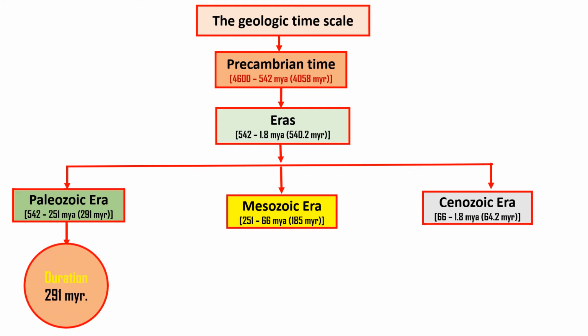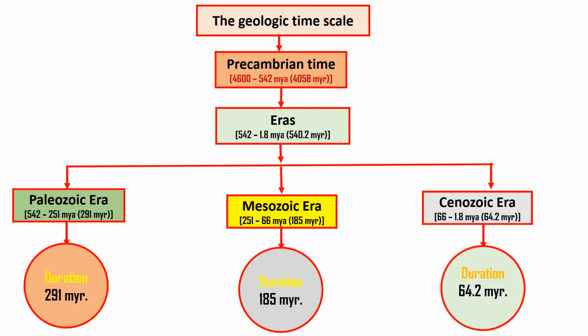The duration of the Paleozoic era is 291 million years. Duration of the Mesozoic era, around 185 million years. Duration of the Cenozoic era, only 64.2 million years.